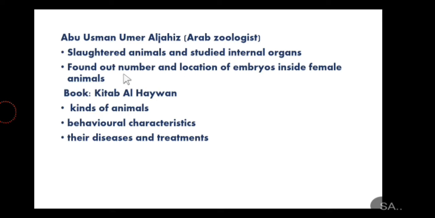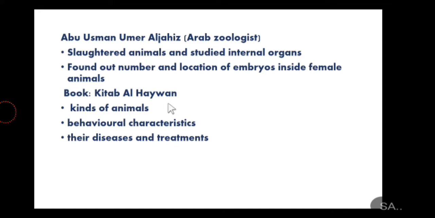Besides this, Abu Usman Umar al-Jahiz also dissected the pregnant female bodies of the animals, and there he found out the number and location of embryos that are found inside the animals. Obviously they were females, and he wrote a book, Kitab al-Haywan.